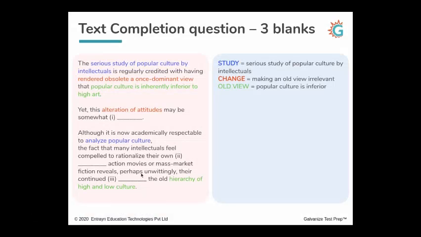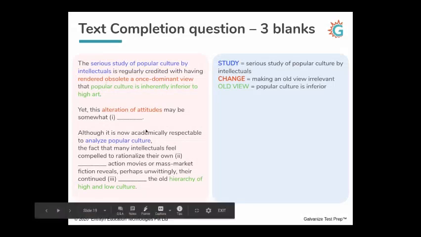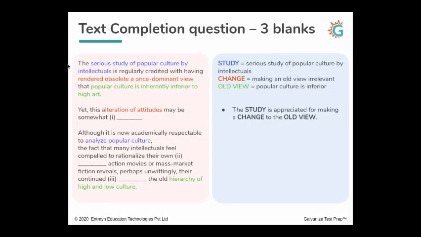Now we have understood which parts are repeated in the given question, and we are going to simplify it. The study is appreciated for making a change to the old view. This is the condensation of this whole sentence. Now that makes it easier. Instead of reading it as the serious study of popular culture, this is simpler.